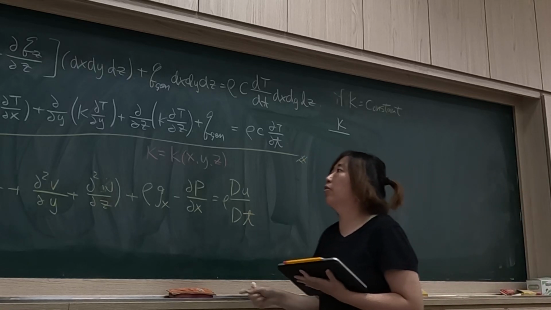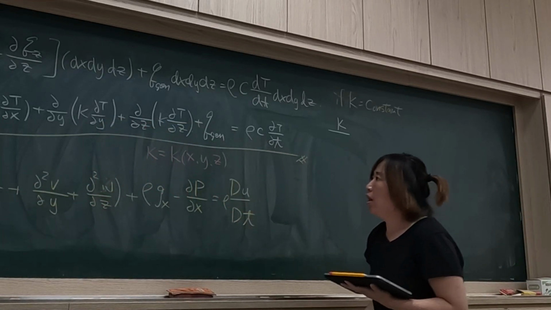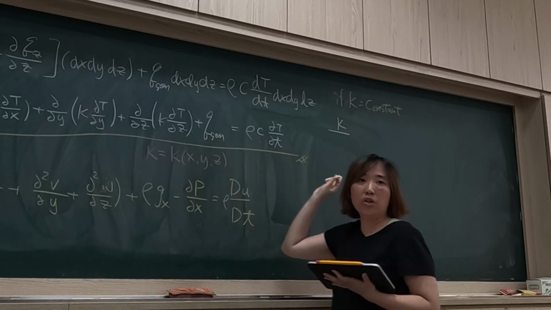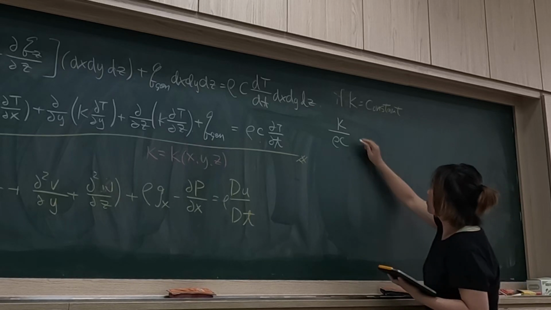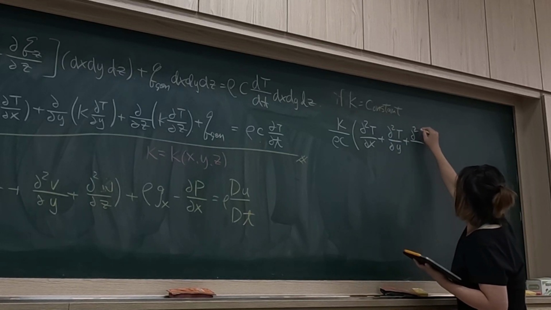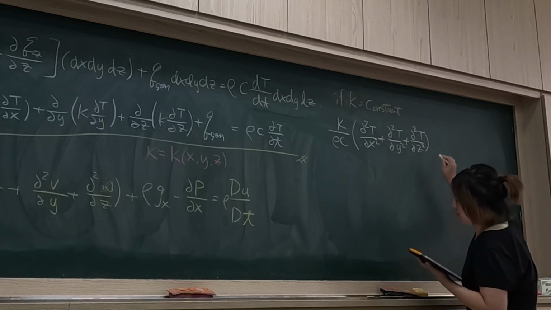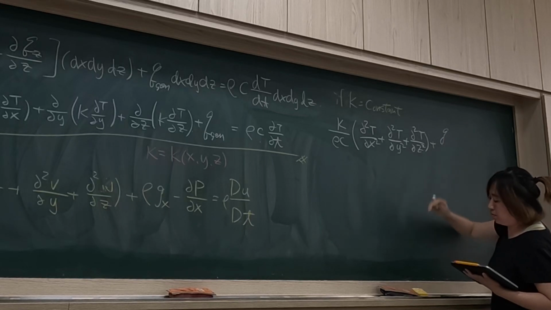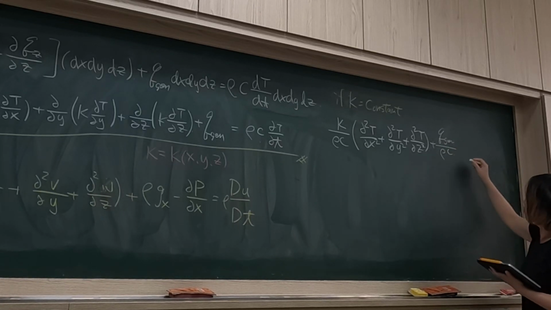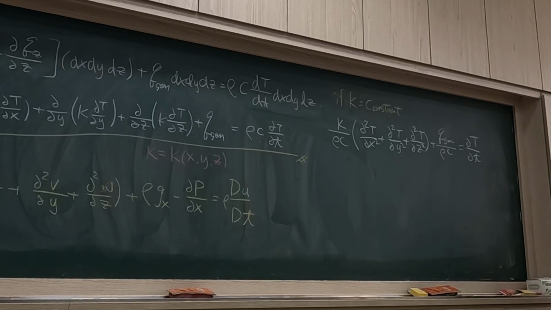So if k is constant, we can take the k out of the derivative term. Then I move the constant rho c to below the k, moving all the constants to the same side. Okay, so those are the equation if k equals a constant.